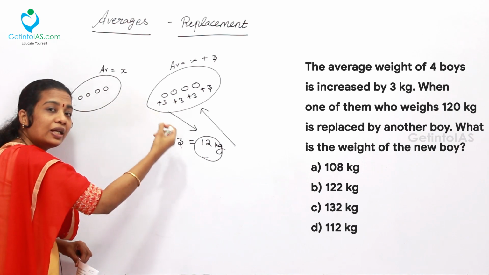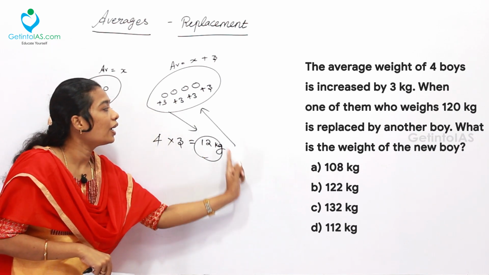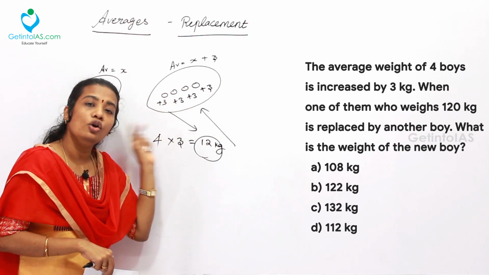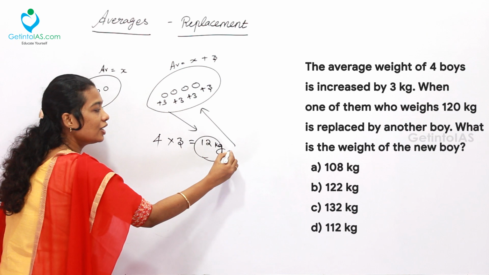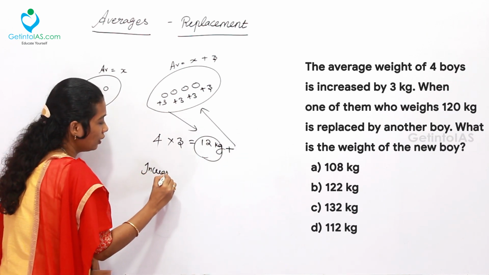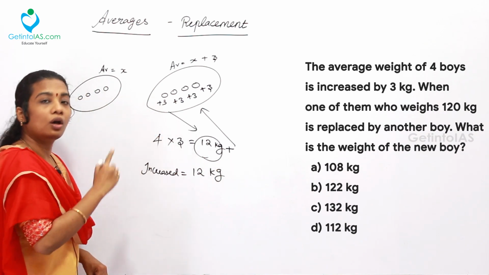Why is this happening? Because of the entrance of the new member and the outgoing of the old member. So 12 kg increased in overall. You can write it down.